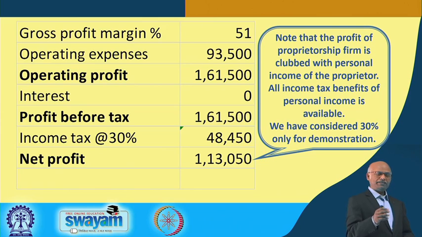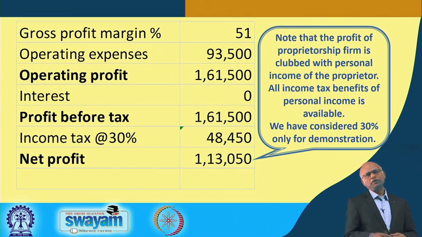Interest we do not have, because your friend is not asking for interest on the loan that you borrowed from him, but if he had demanded interest, that would have come here. Suppose you have some bank borrowing, that interest comes here. So, operating profit and profit before tax in this particular case are the same, 1,61,500.